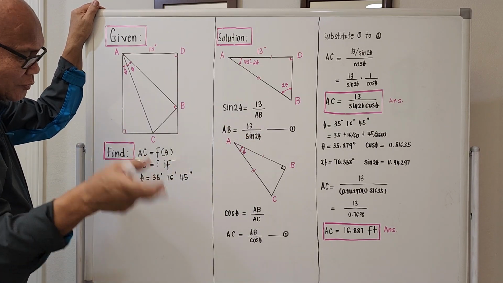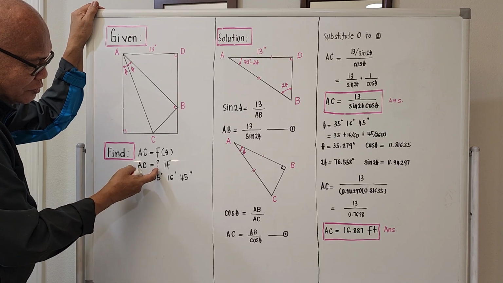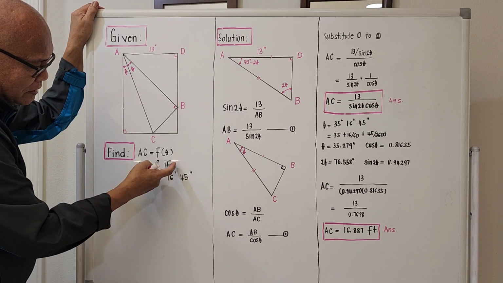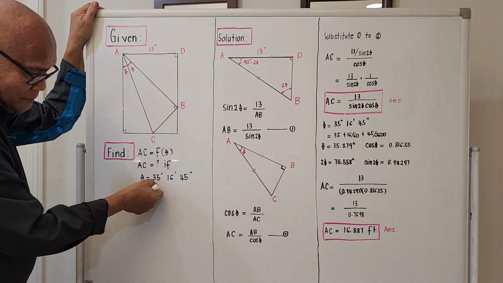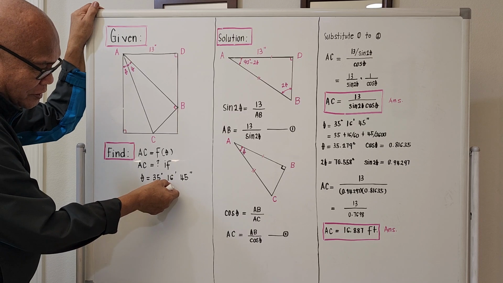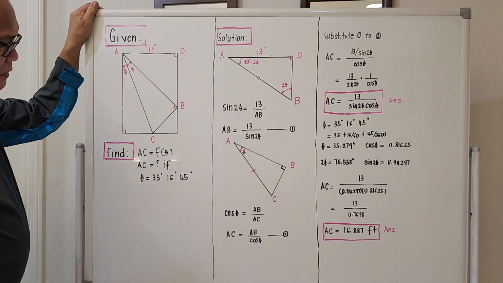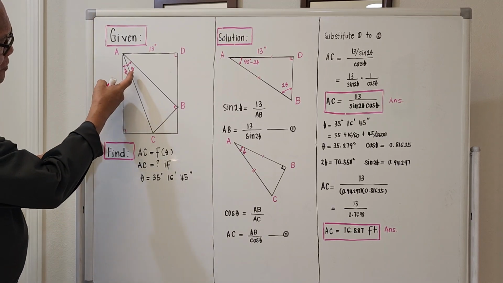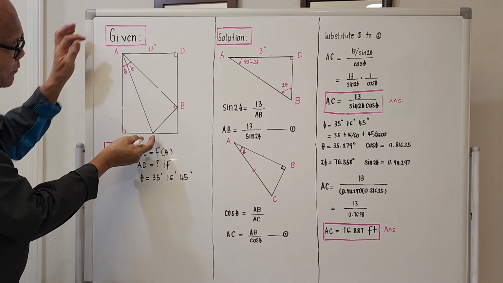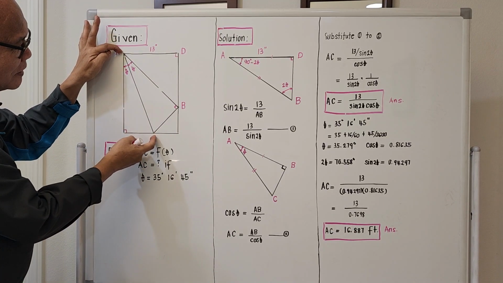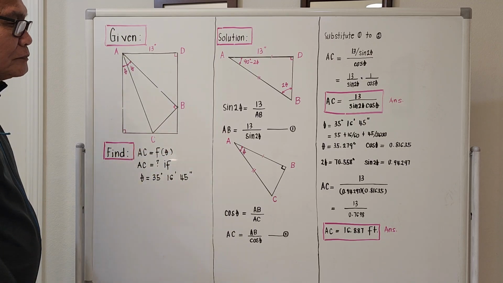The second requirement is the length of AC if the angle is 35 degrees, 16 minutes, and 45 seconds. How long is it? Let's proceed with the solution.